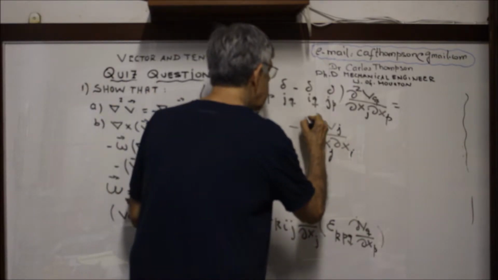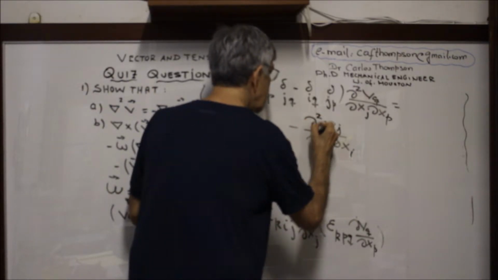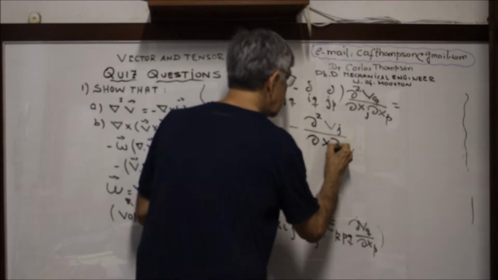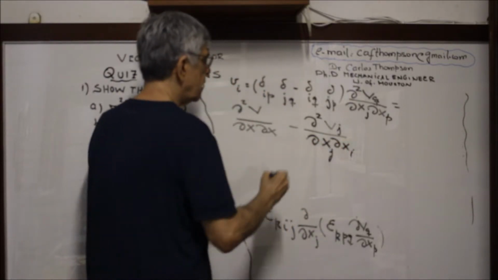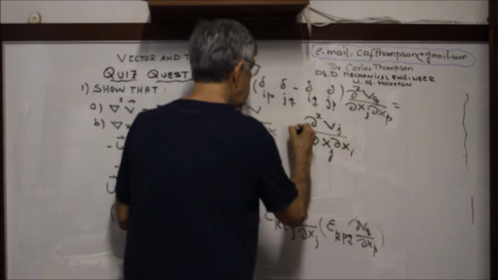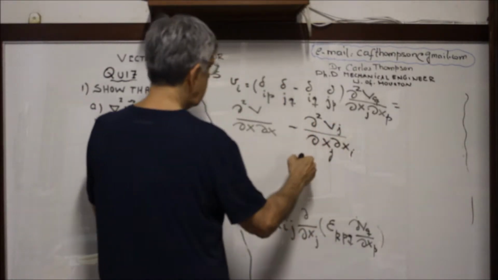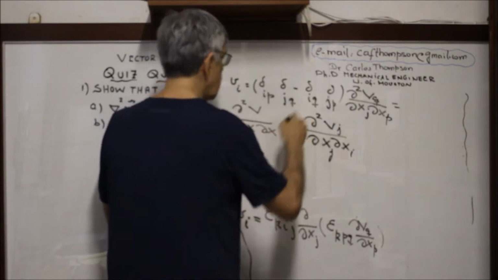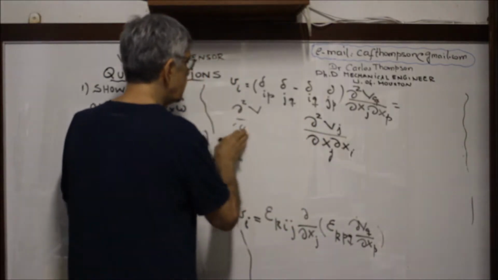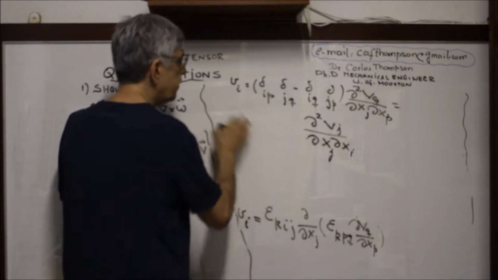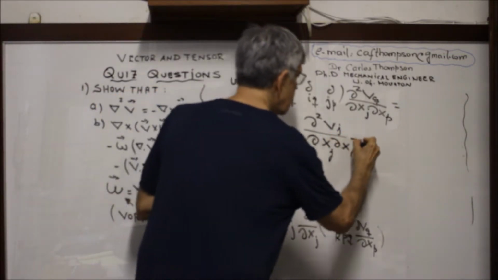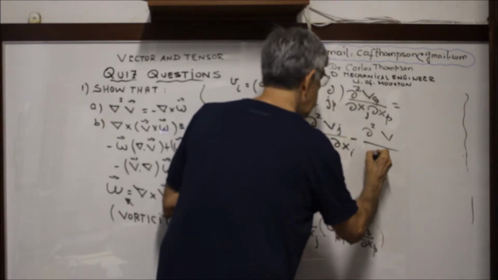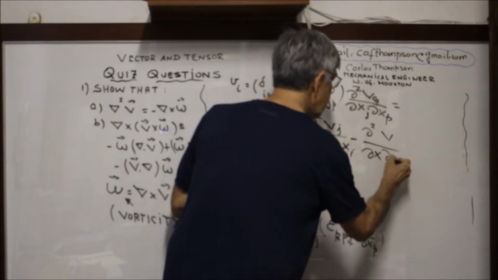This is the second derivative. Let's put the second derivative, x and x. This is V. Now, this over here is the first one, okay? Let's put this. Minus, now let's write down partial derivative V, partial x, partial x.